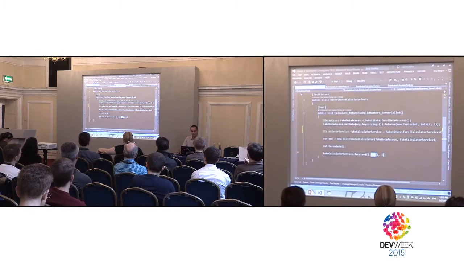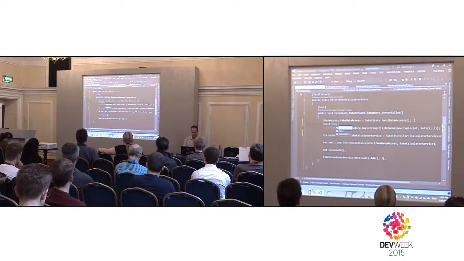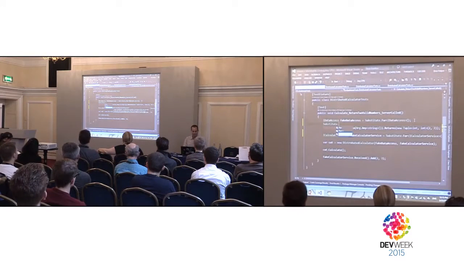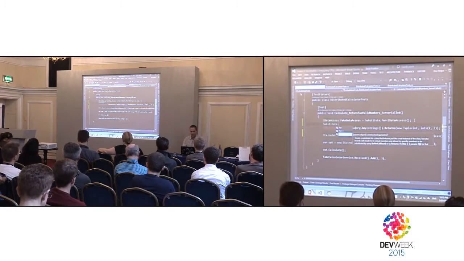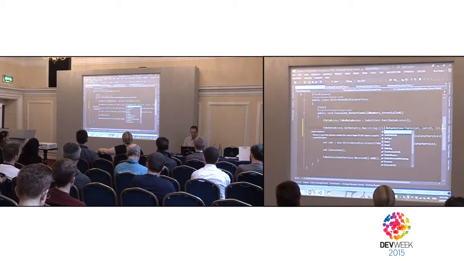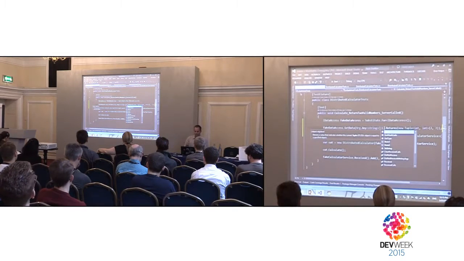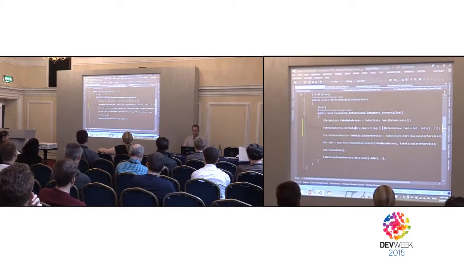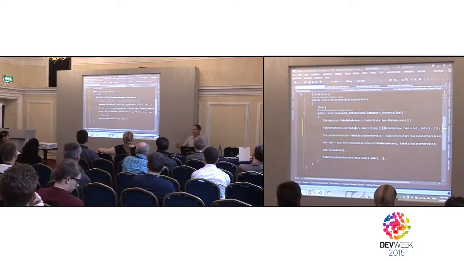Every time I have something in the substitute, I don't get much. I just have For and a few others, and that's it. And the rest are extension methods that you have to look up for yourself. For example, I have Returns, and I also should have something like When, Do, Arg.Any, and all sort of items, which is kind of hard to find without actually reading the documentation.